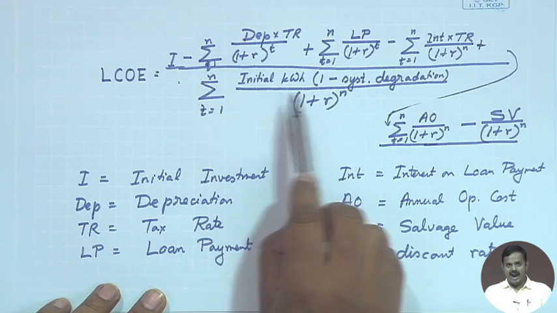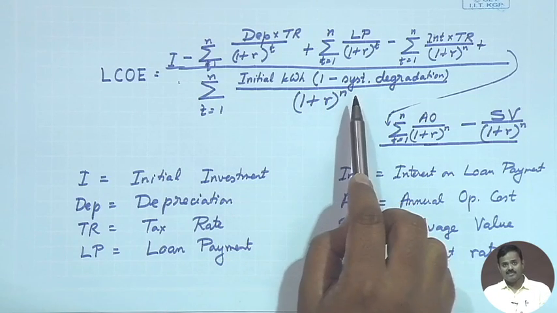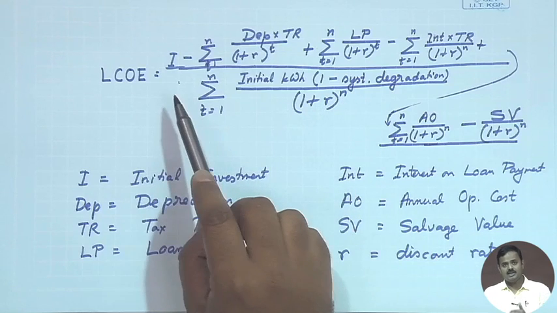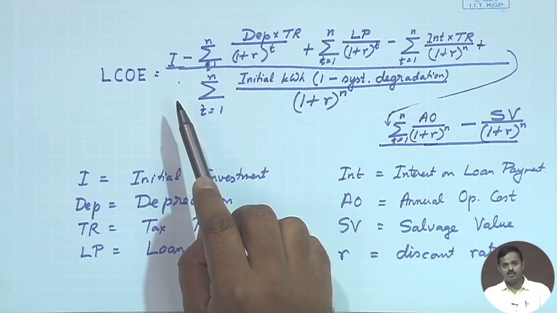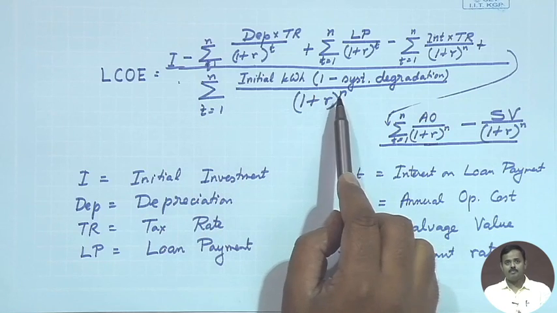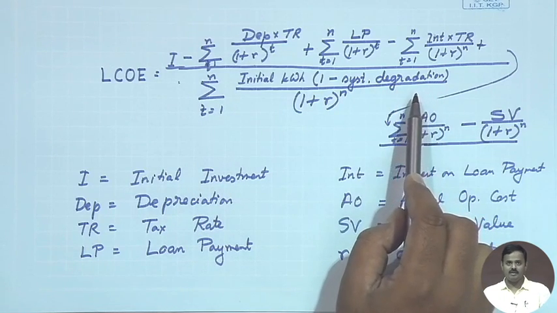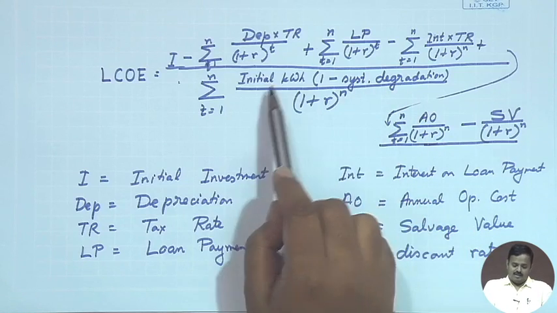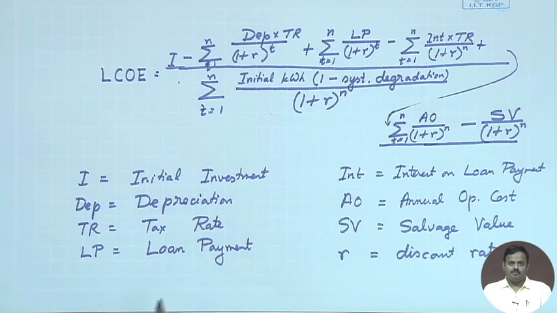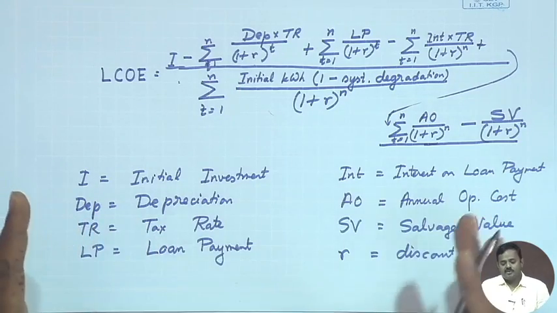So, when you add up the energy that is generated, and again remember, I do not have this data, I am trying to calculate an LCOE today to determine the cost of energy for the plant that I am proposing to build. So, I do not have this data, I am going to assume something and then calculate it in this manner. Clear? So, LCOE calculation can take into account a variety of stuff like this.